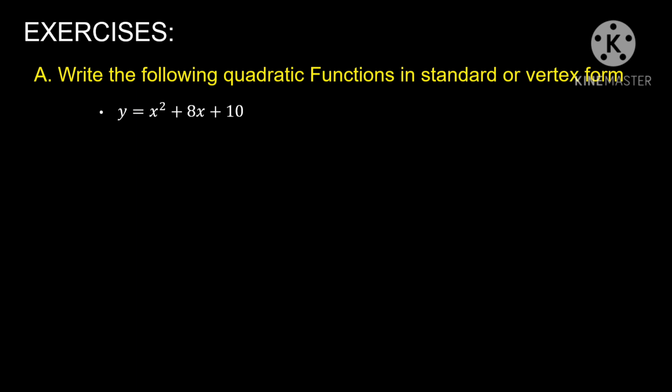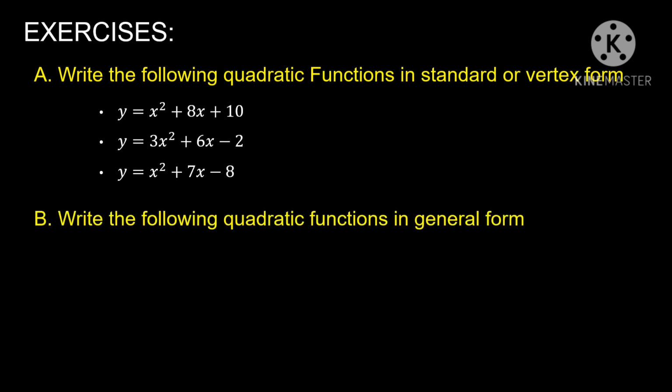Y equals x squared plus 8x plus 10. Y equals 3x squared plus 6x minus 2. Then y equals x squared plus 7x minus 8. And for letter B, write the following quadratic function in general form. Y equals the square of x minus 4, then minus 12. Then y equals negative 3 times the square of x minus 2/3, then minus 2.